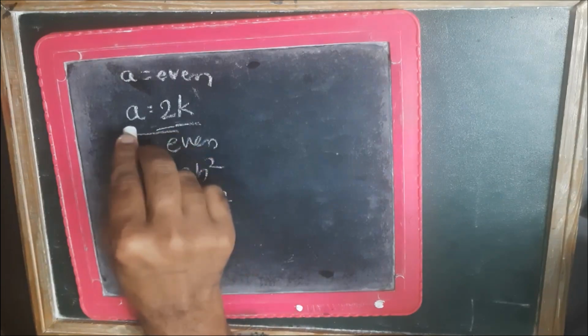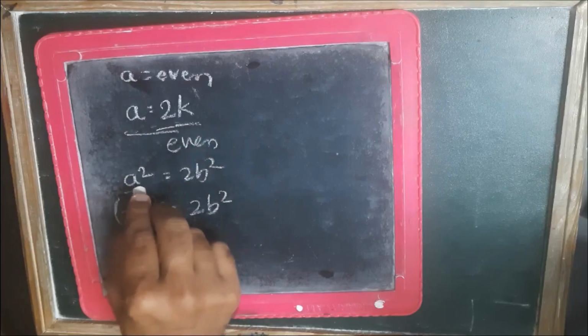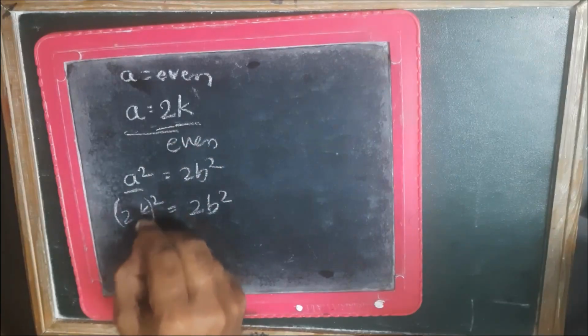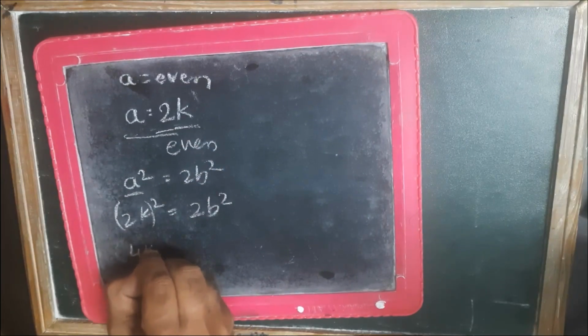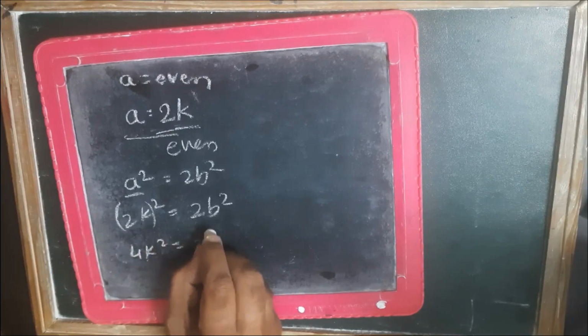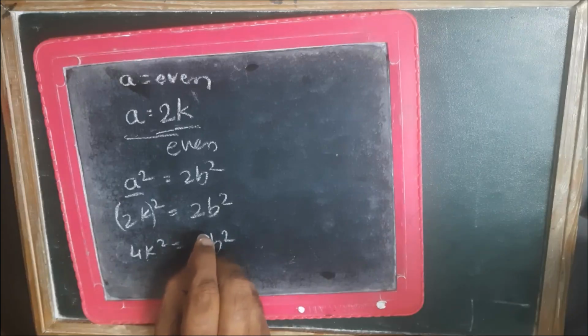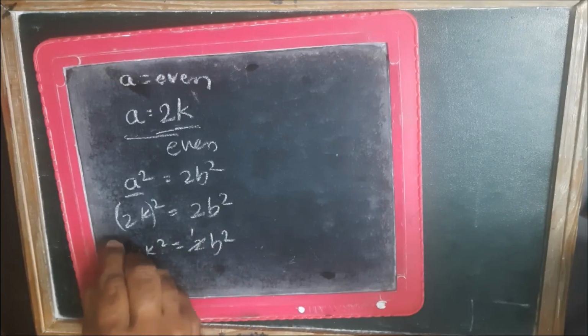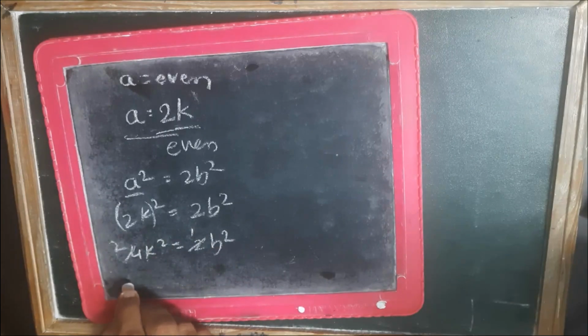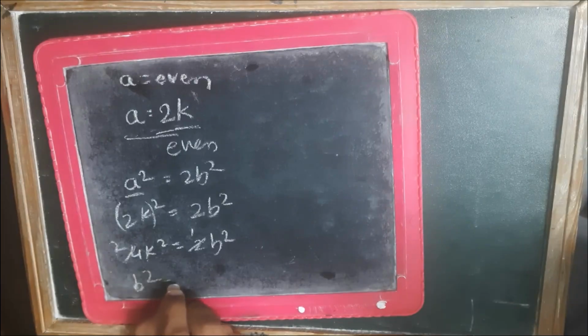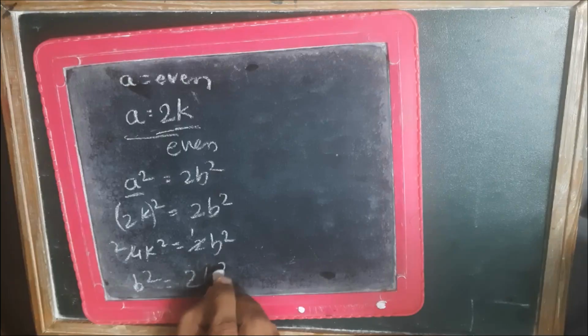So we substituted a is equal to 2k. Then this will become 4k square is equal to 2b square. 2 ones are 2, 2 twos are 4. That means b square is equal to 2k square.